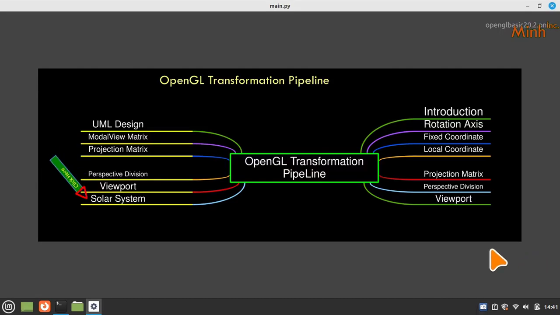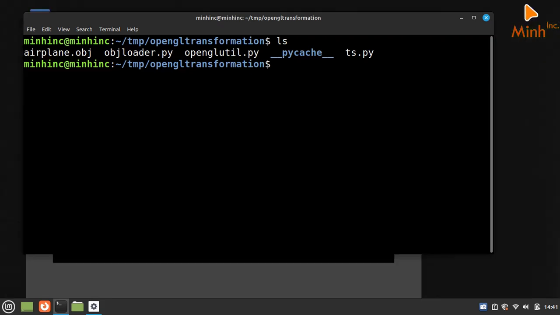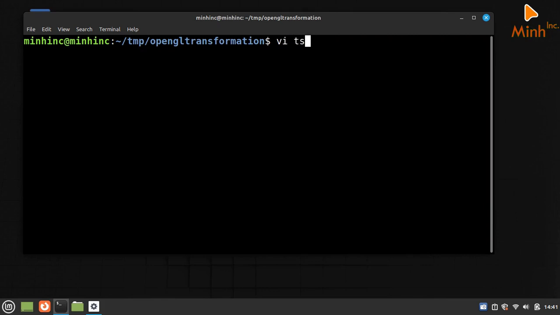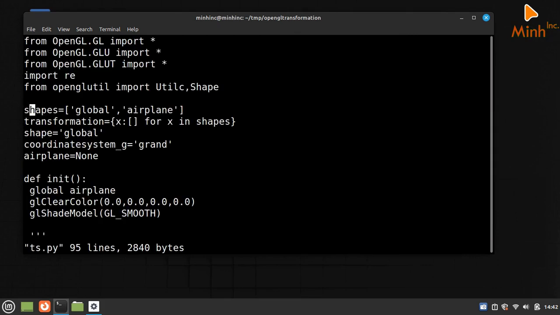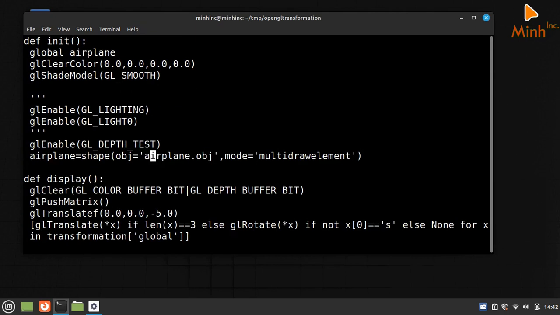Okay, so we'll proceed on the solar system in the lab session. So we'll remove the airplane that we don't need now. And okay, so coordinate system we will make it local. Okay, so pretty good. Okay, so we are building the kind of solar system.